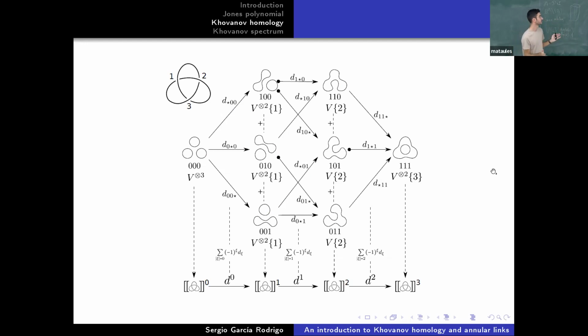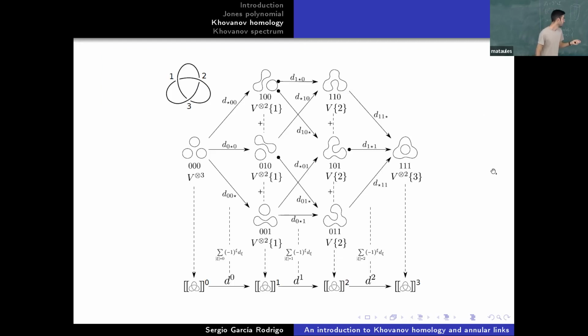Just know that there's a canonical way to do this. Whenever you do this sum with some signs, you get a differential. This is marked right here with some bullets on the differential. This differential will have a minus, this one 2, and this 2 also.